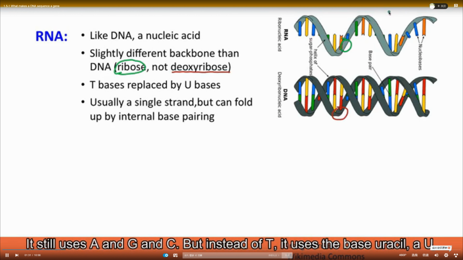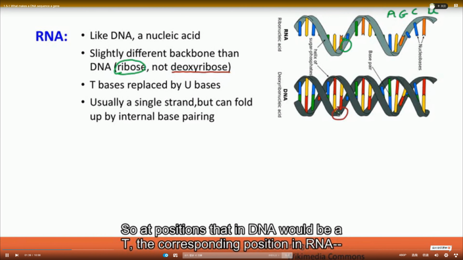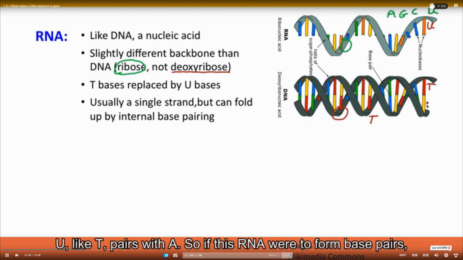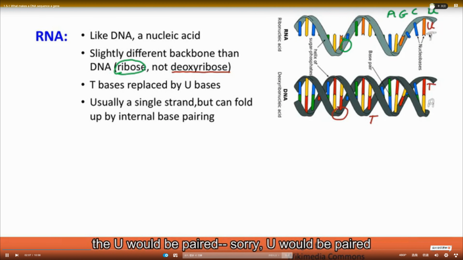It still uses A and G and C, but instead of T, it uses the base uracil, a U. So at positions in DNA where there would be a T, the corresponding position in RNA would be a U. U, like T, pairs with A. So if this RNA were to form base pairs, the U would be paired with an A. Let's draw that.